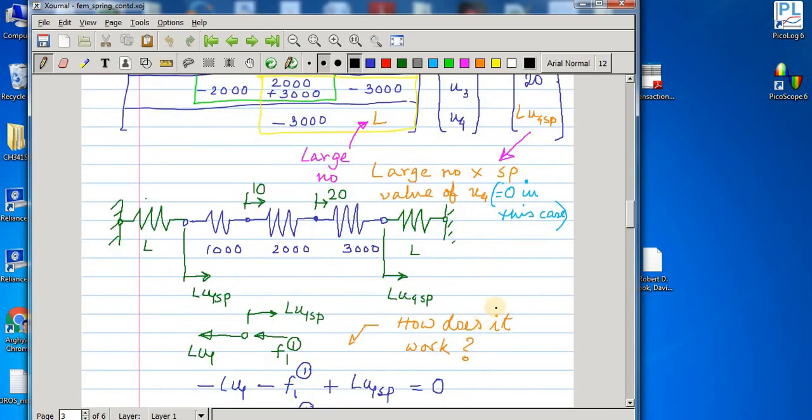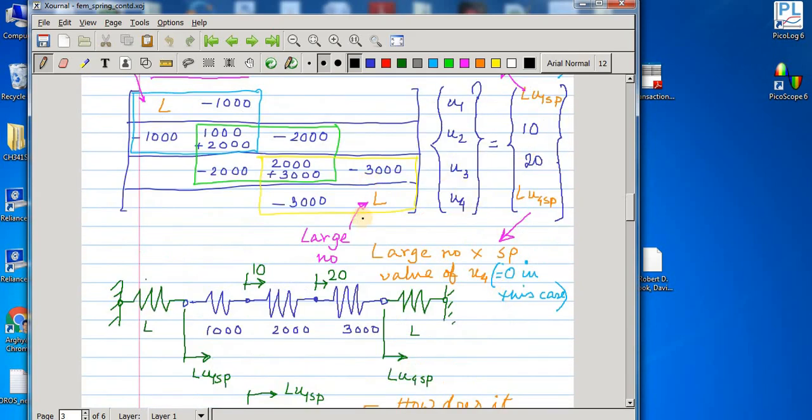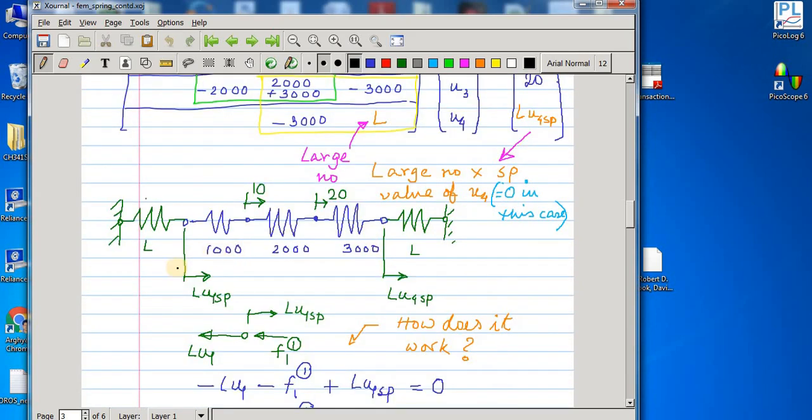So you can think of this method like this. This was our original problem where this node was fixed and this node was fixed. So instead of fixing this, we remove this support and put a very stiff spring here, and a very stiff spring here.